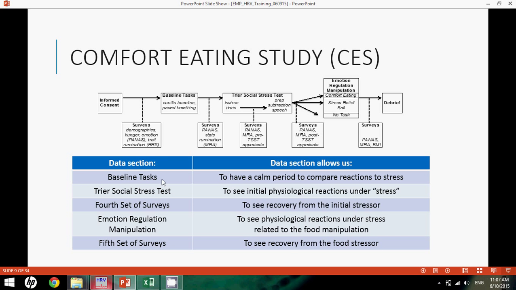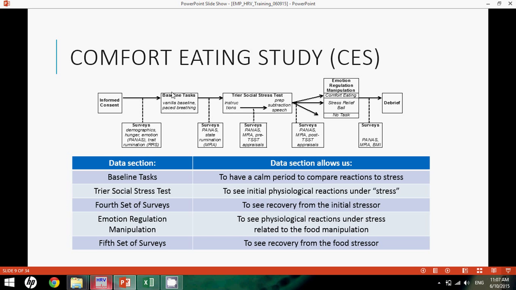It's going to be known as O1 in the course of your analyses. It's basically a 5-minute period where participants complete a baseline procedure. They sit at a computer counting squares, as well as doing a paced breathing exercise. And this baseline allows us to compare resting state physiology to more stressful circumstances.